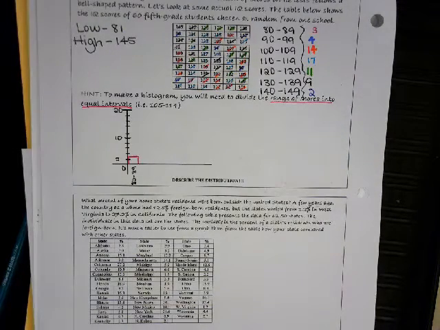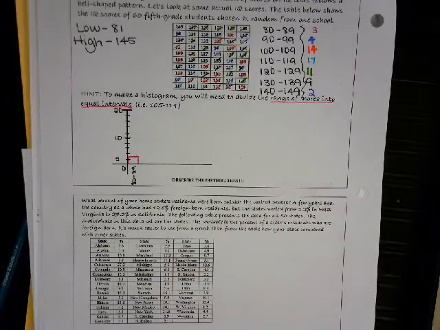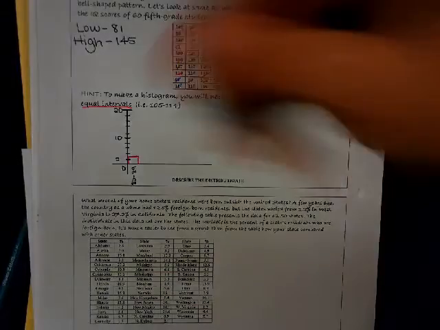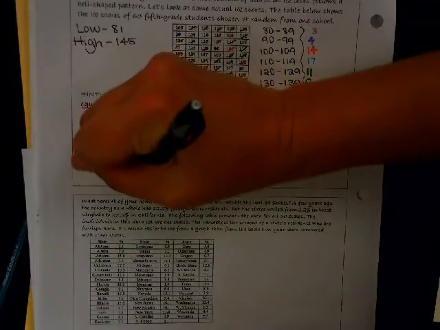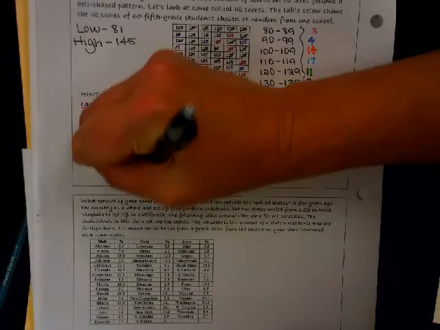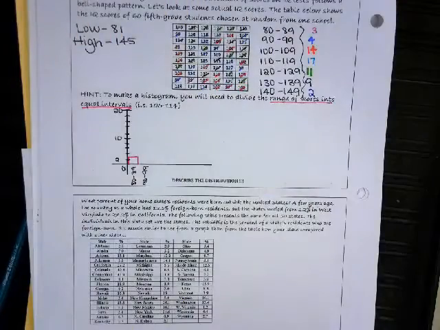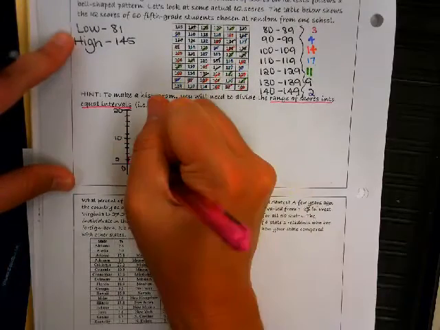Again, we're doing it by hand, so it may not be exactly perfect, but we want to try as best as we can. So then my next range is 90 to 99. In that range, I'm going to make my bar up 4.